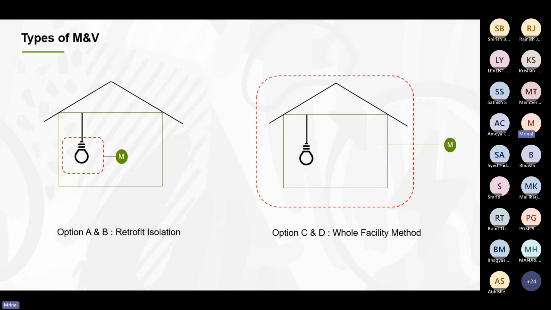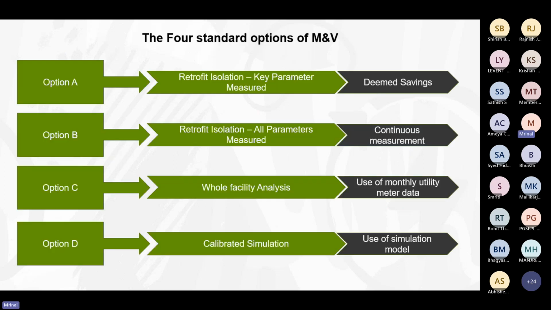To determine the savings, all energy used within the boundary must be considered. For retrofit isolation, Option A and Option B are there. And for the whole facility method, Option C and Option D are there. When we talk about Option A, which is retrofit isolation, we only have to measure the key parameters, and mostly we do it on a deemed savings basis.